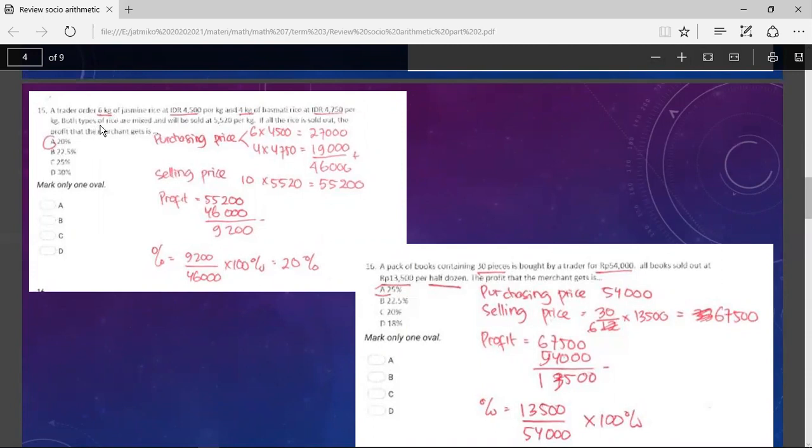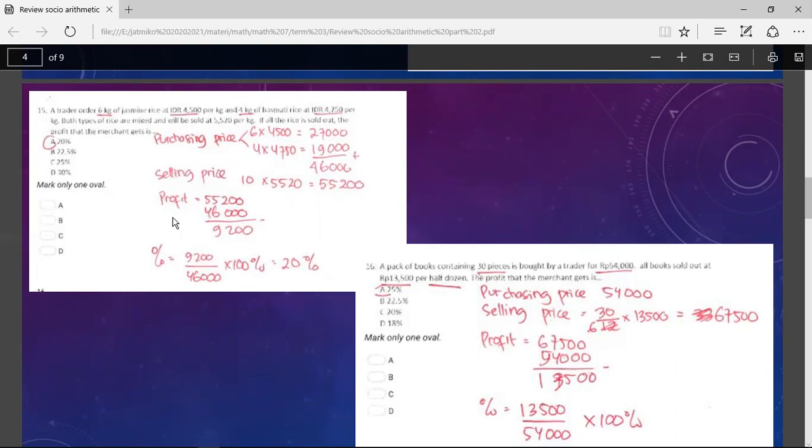Both types of rice are mixed and sold for 5,520 per kilogram. If all the rice is sold out, how much is the profit?